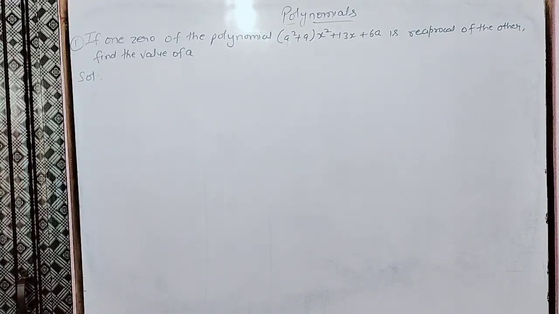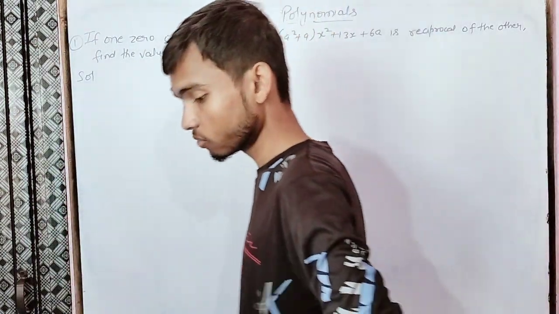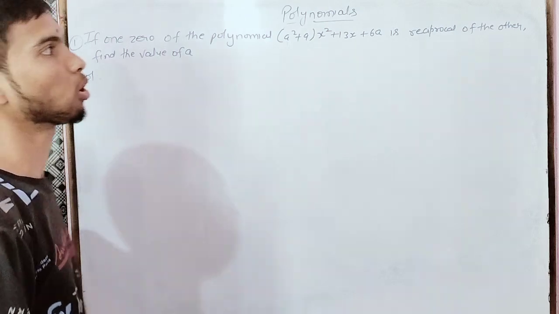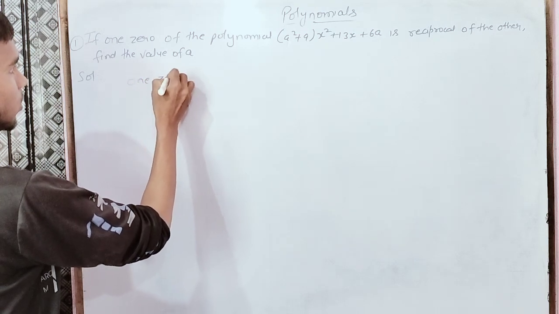Now, did you read this question? If one zero of the polynomial, this is the polynomial, is the reciprocal of the other, so let's just say one zero is alpha.